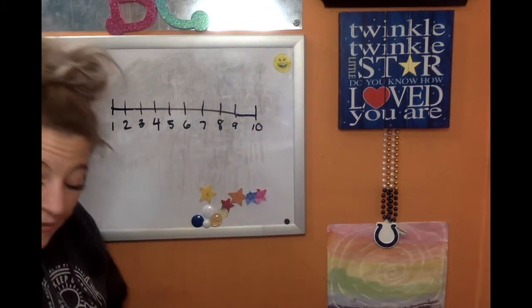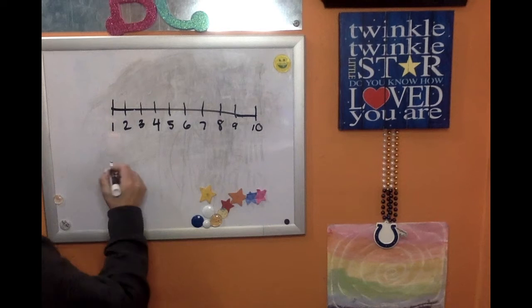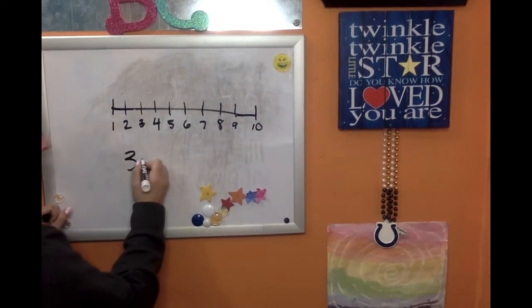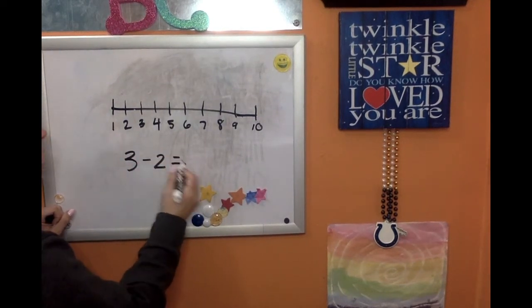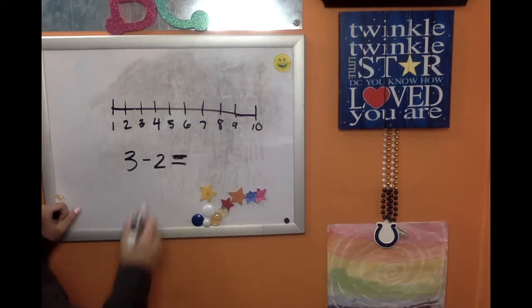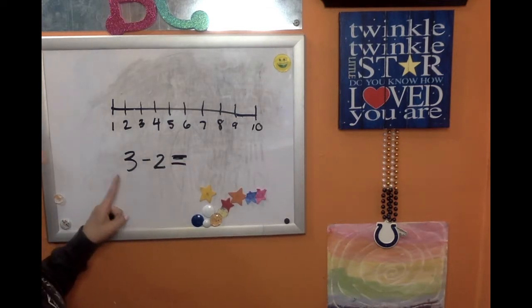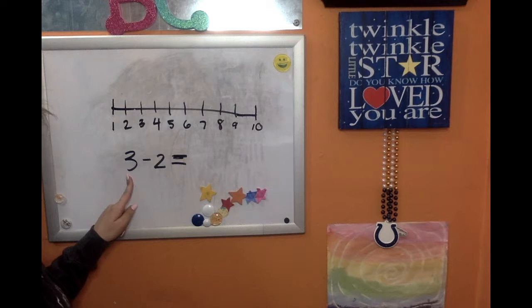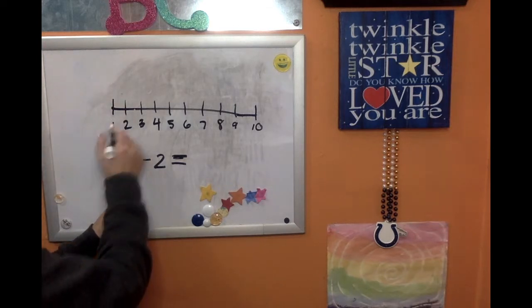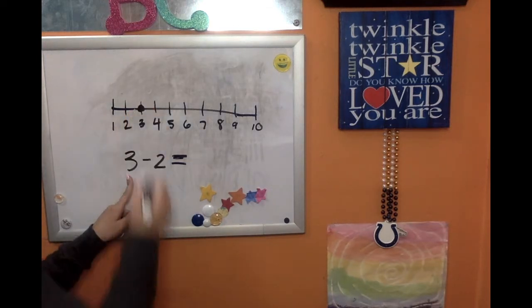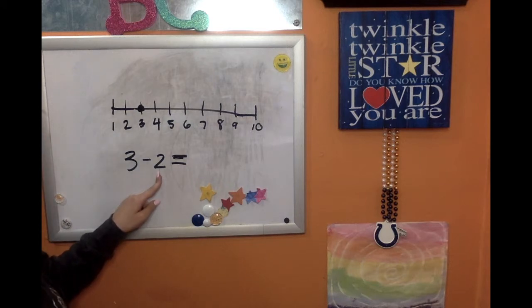Okay, our first math problem is 3 minus 2, or 3 take away 2. So first we need to find the first number. What is our first number? It is the number 3. So let's find 3. Here we go. How many hops backwards are we going to make? 2. Here we go.